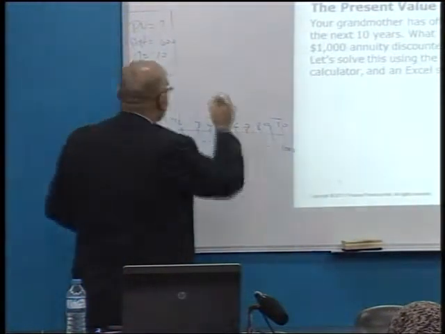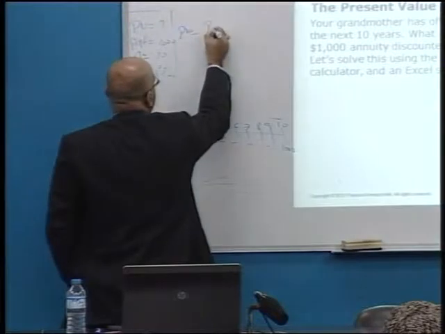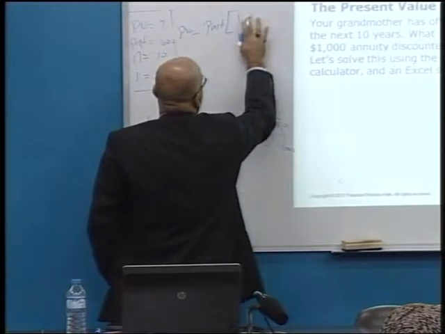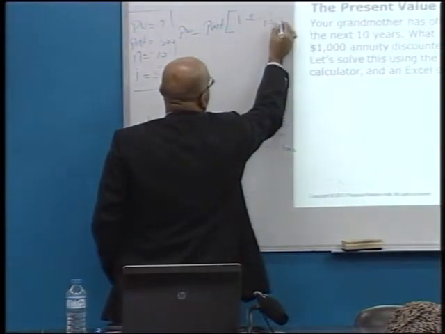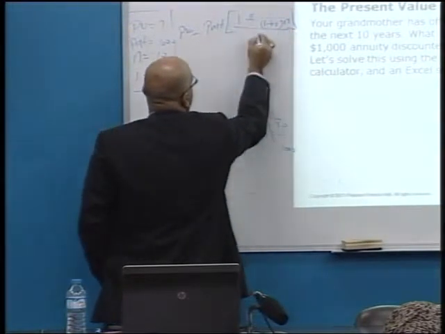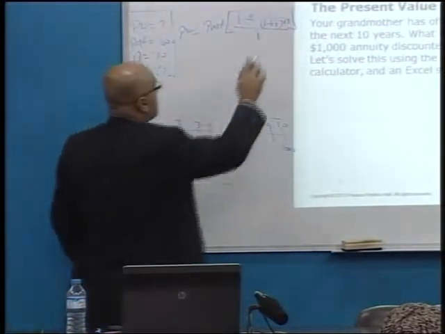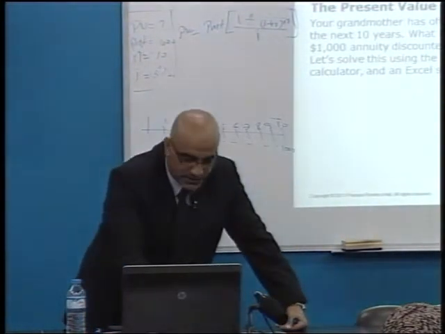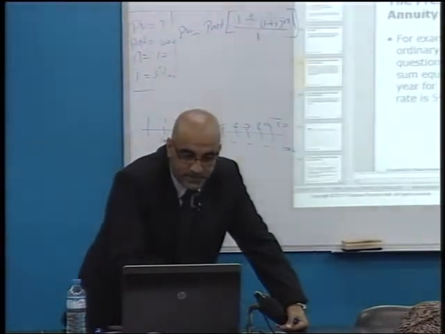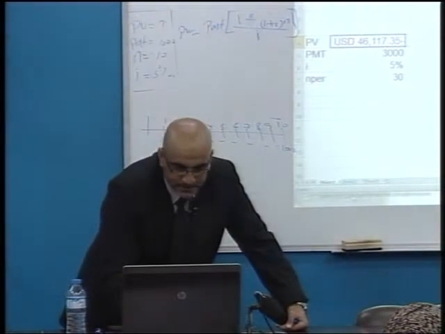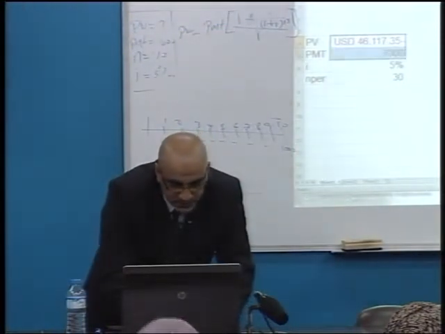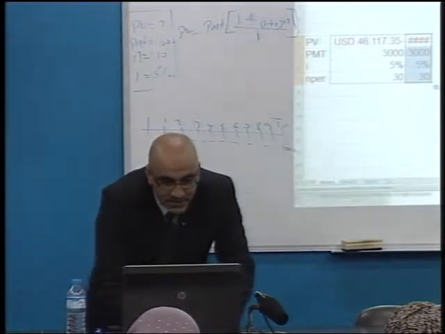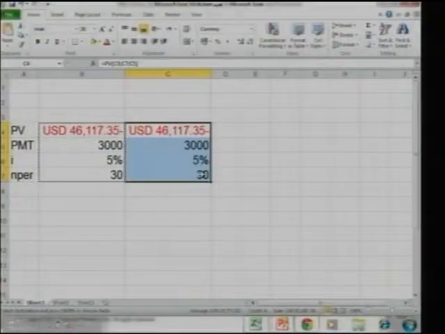To remind you what the formula is, the present value is calculated by the payment, open the bracket, 1 minus 1 divided by 1 plus I raised to the power n, divided by I. Okay, and I will use the Excel sheet to show you how it works. Just copy this and put it here. Okay, before you see the answer, please, what is the answer?